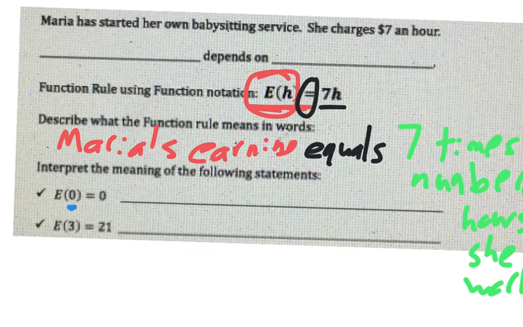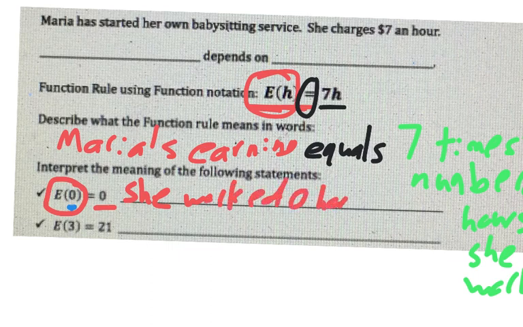Now the number inside tells me how many hours she worked. And then this whole thing tells me the amount that she earned. So she worked no hours and made no money.